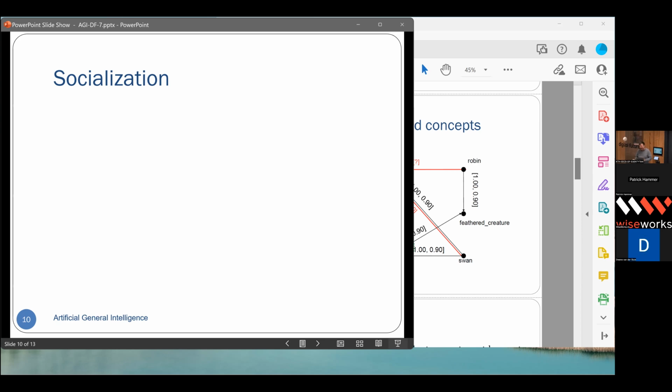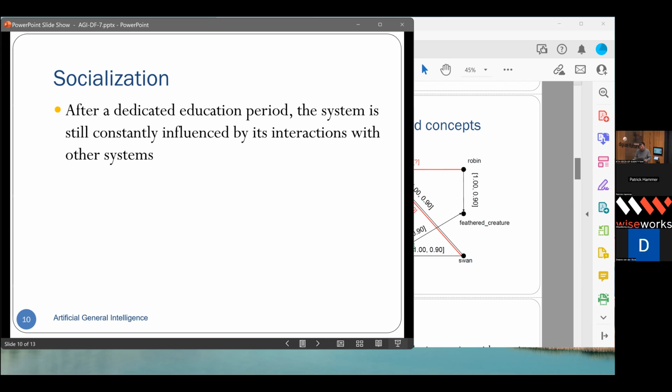Okay? Education is kind of like the society forces you to sit there and get this experience to a certain degree. But then you become an adult, you graduate, you interact with other people. But in that process, the same thing happens in a slightly different way.